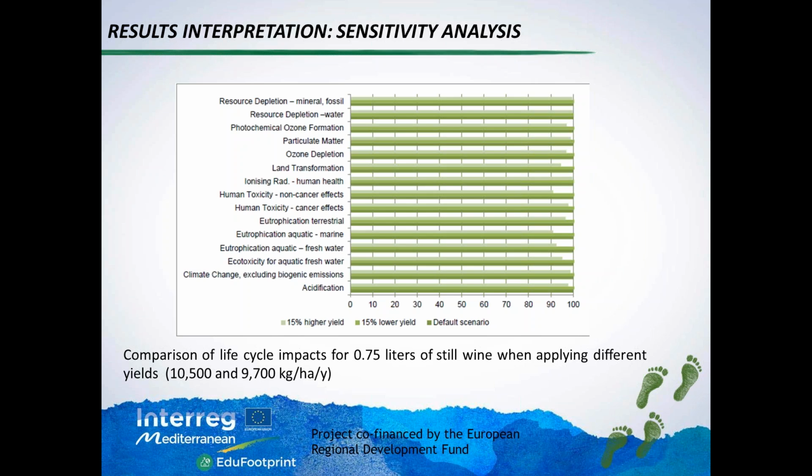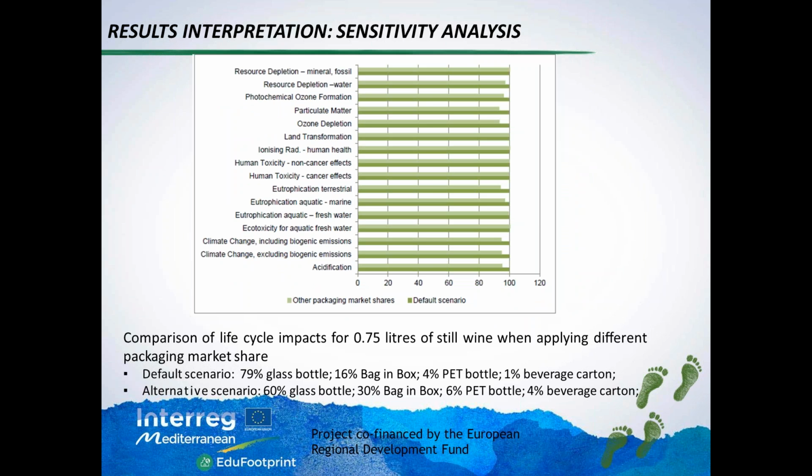This one is another sensitivity analysis in which what they changed is packaging. So you can see the comparison of life cycle impacts for our unit when applying different packaging market shares.